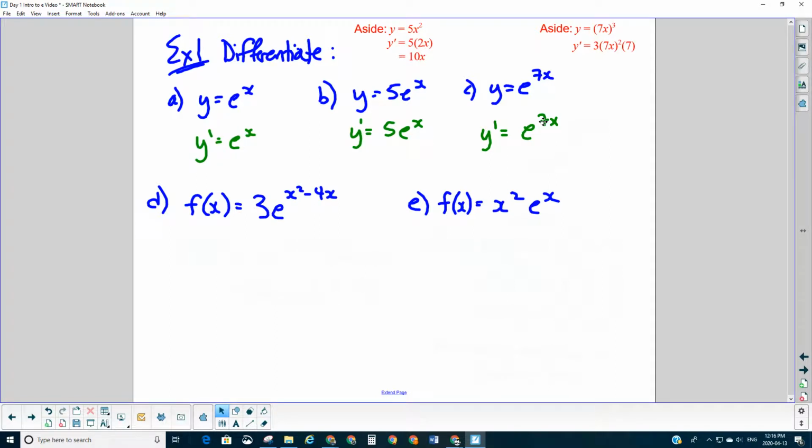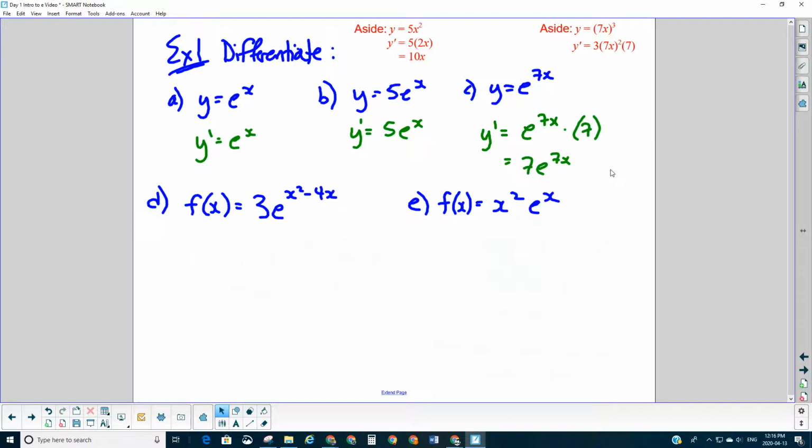But that 7x, we're going to differentiate the inside now, just like we differentiated the 7x here and had it times 7. So this is also going to be times 7. You look at the entire function, e to the something, and the derivative of that is e to the something times the derivative of the something. Now you can tidy it up if you want. It's as if there's a 1 there, and we'll often write it like this. Bring the 7 up front. 7 times 1 is 7, e to the 7x.